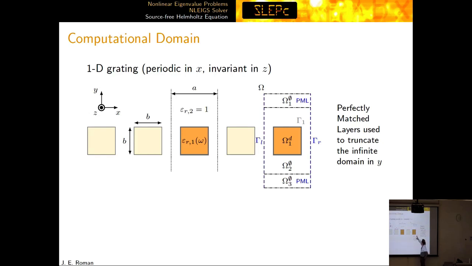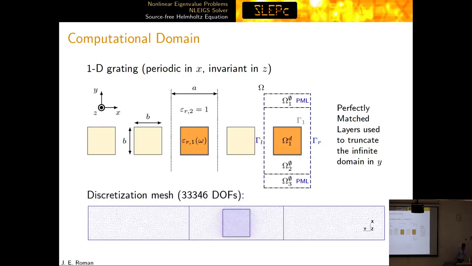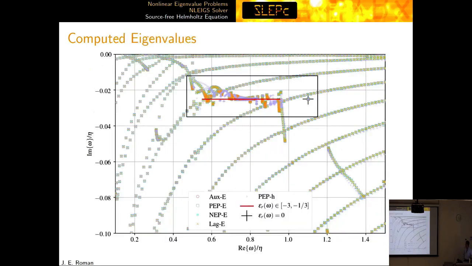These are the periodic boundary conditions, and then the other subdomains. This is the actual mesh, and in this case, I'm using only 33,000 degrees of freedom. So with this, we run the solver, and we compute 500 eigenvalues. These are the computed eigenvalues.